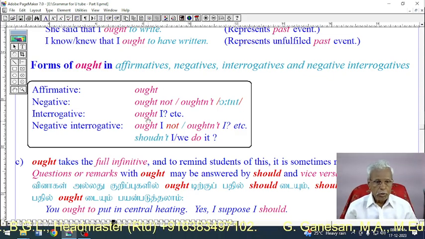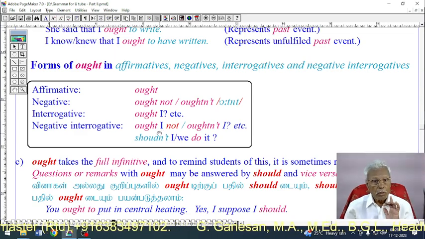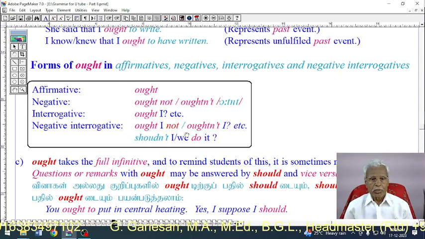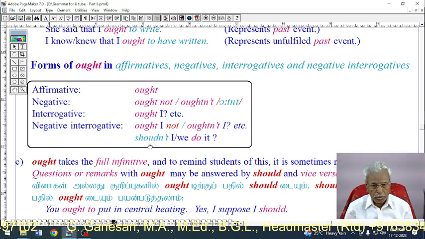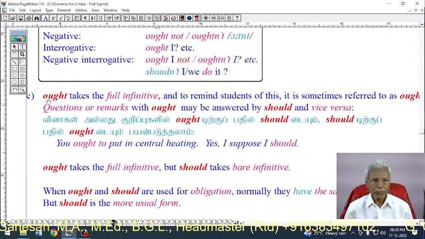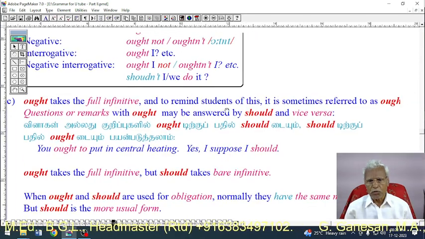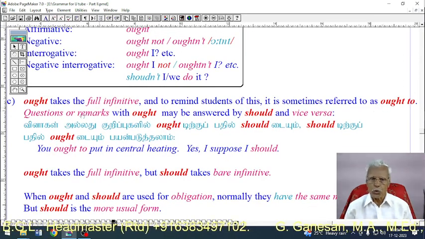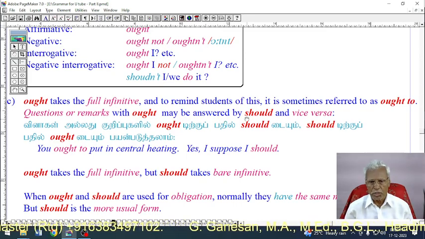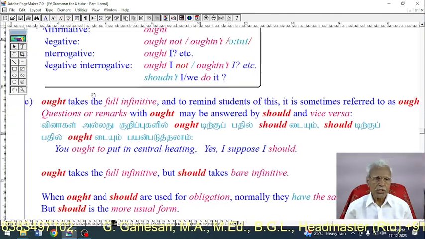Interrogative: ought I? Negative interrogative: ought I not, or oughtn't I, as shouldn't I. Then ought takes the full infinitive. To remind the students of this, it is sometimes referred to as ought to. Questions or remarks with ought may be answered by should and vice versa.